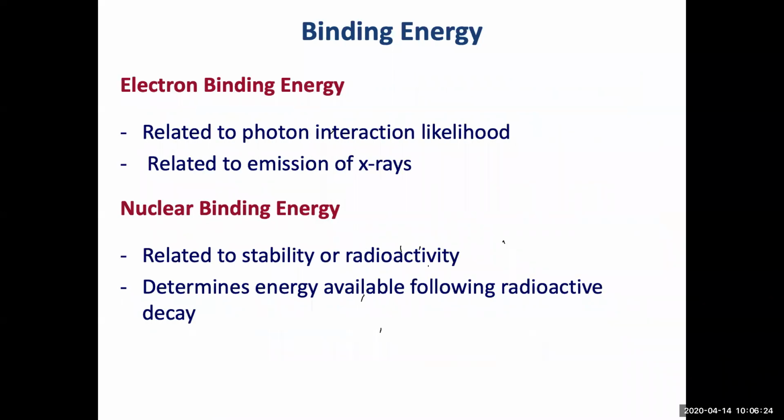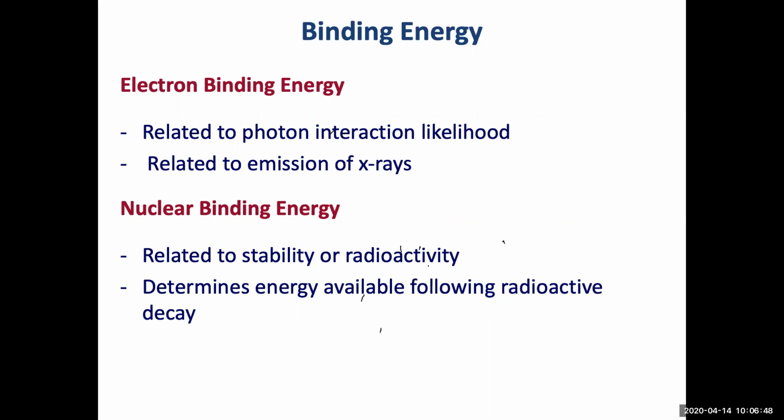Electron binding energy is related to photon interaction likelihood. When a photon interacts with the atom, there is a minimum energy of this incident photon to remove the electron from its orbit. This minimum energy required to remove the electron from the orbit is called the electronic or electron binding energy.